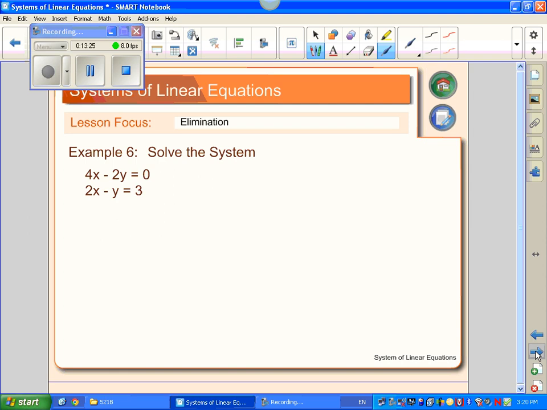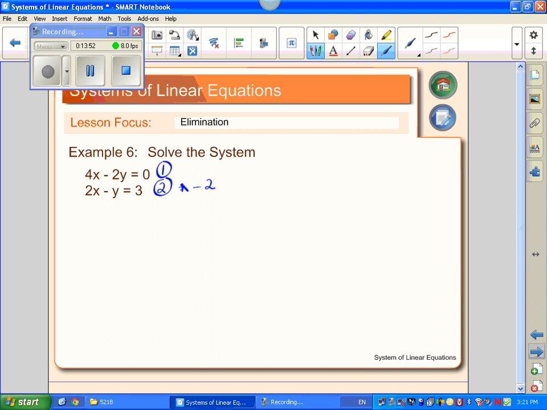Well, again, using elimination, I could use substitution, but I'm wanting to practice elimination. I can't just change a sign and add to get my variables to cancel out. But I can do something to equation 2. So let's say that I took equation 2 and multiplied it by negative 2.